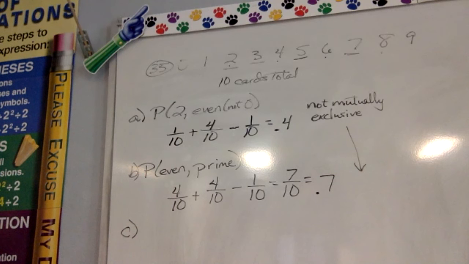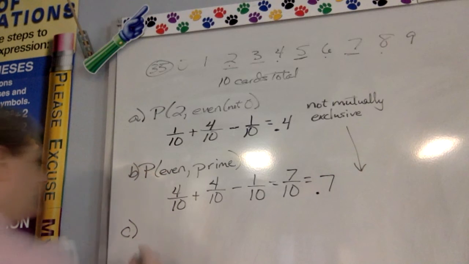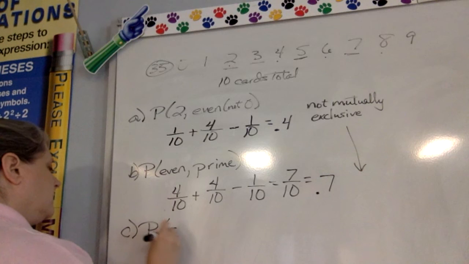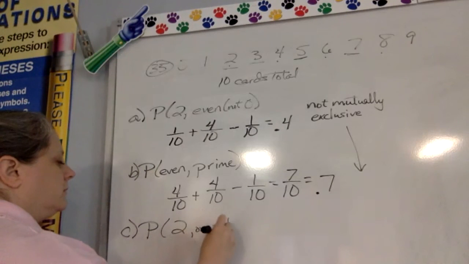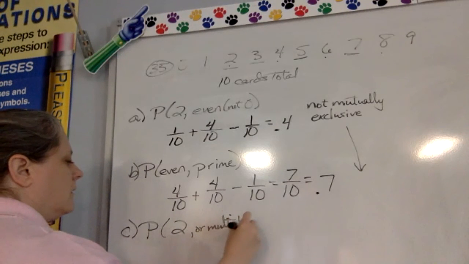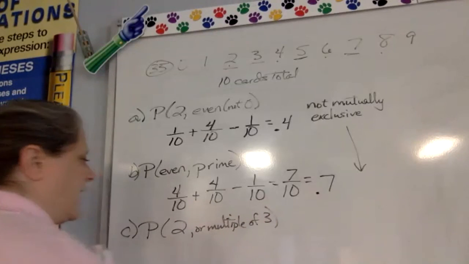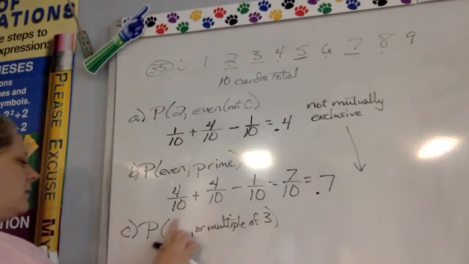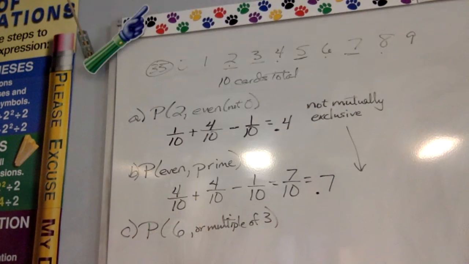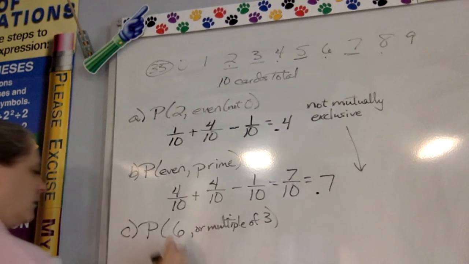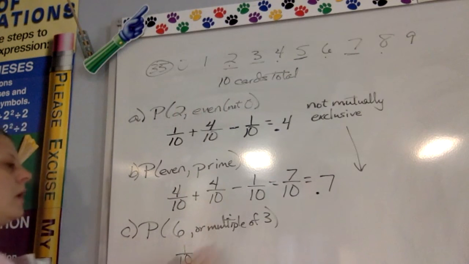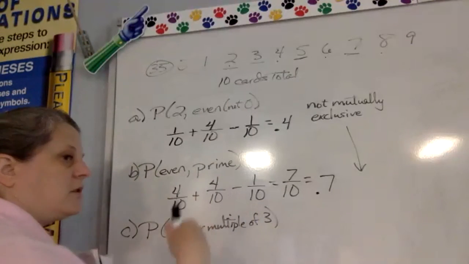Part C. Probability of getting a 6 or a multiple of 3. I still wrote the wrong thing there. Probability of a 6 or a multiple of 3. So what's your chance of getting a 6? 1 out of 10. Multiples of 3 means 3 can go into it.